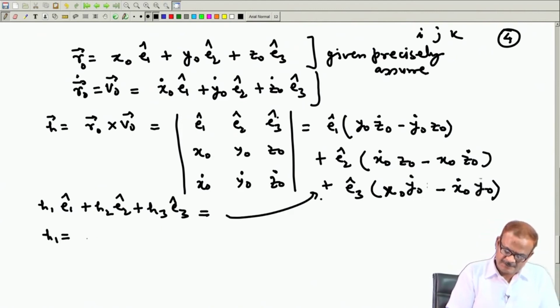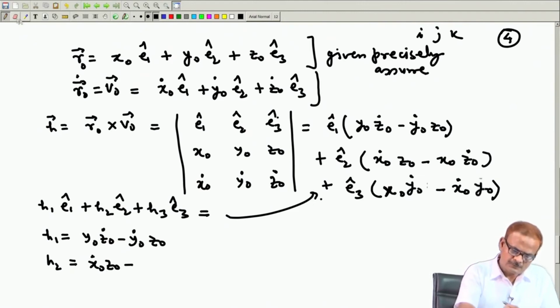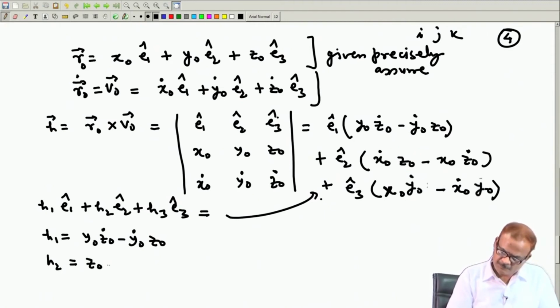So, h1 you can write as y0 z0 dot minus the other term.